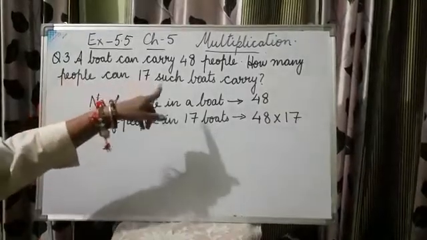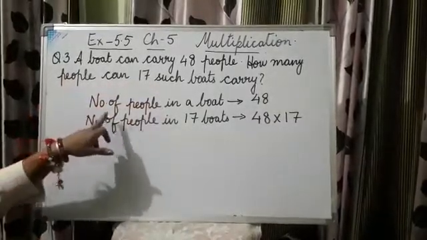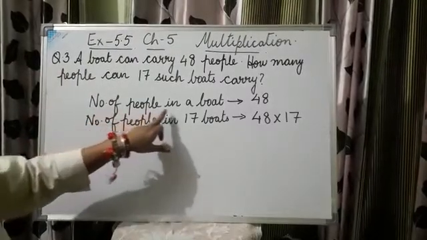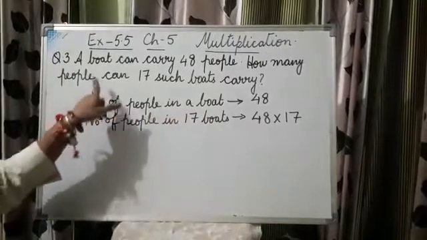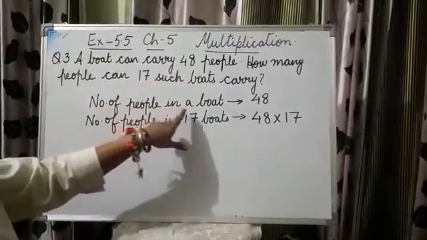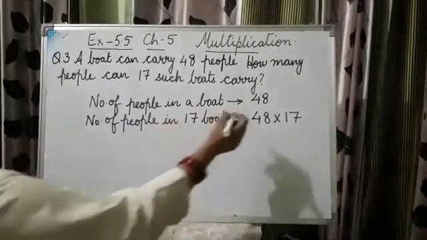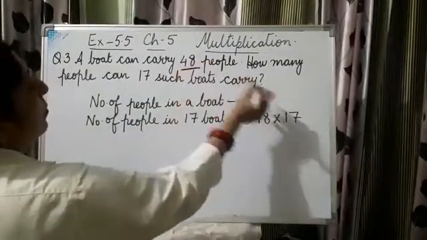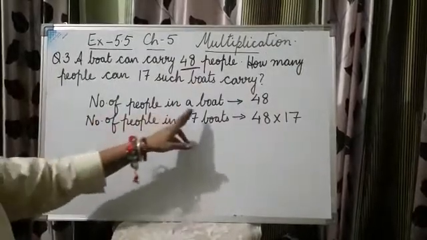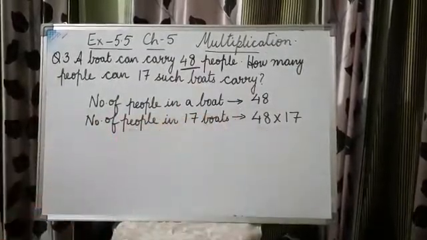A boat can carry 48 people. With the short statement, we are starting the sum. Number of people in a boat. This first line can be written in this way. Number of people in a boat. In one boat, we have got 48 people. So, we have written in the first statement that number of people in a boat will be 48.